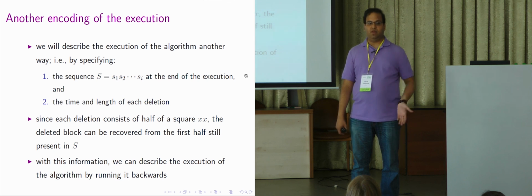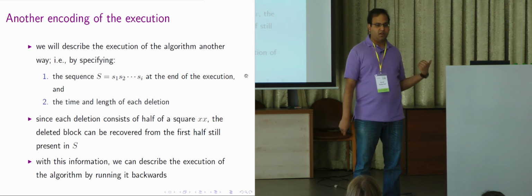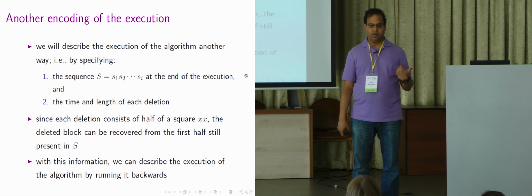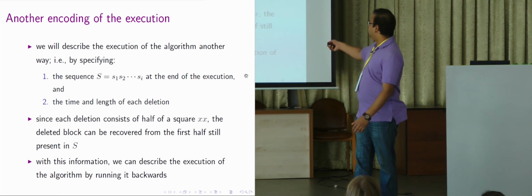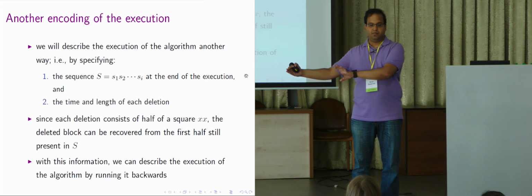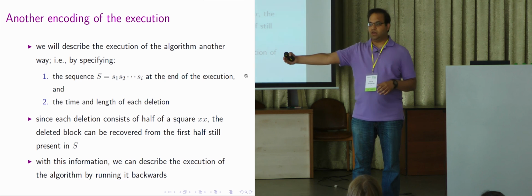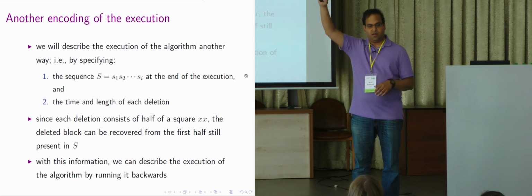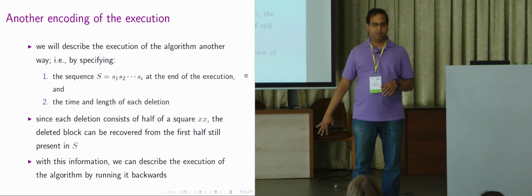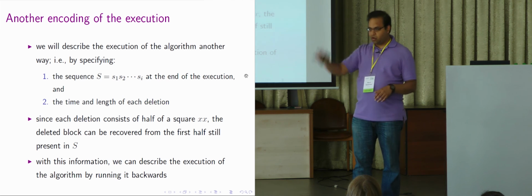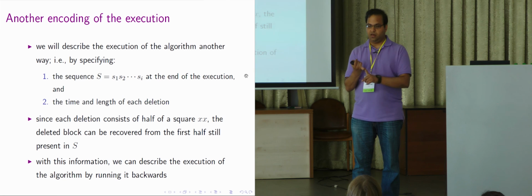I claim that from that information I can uniquely reconstruct the execution of the algorithm, using the final sequence, and then the times and the lengths of each deletion that happened. Remember, a deletion happens whenever I try to extend and I create a square. I then delete the second half of the square. So I record every time that a deletion happens, and I record the length of the word that was deleted.